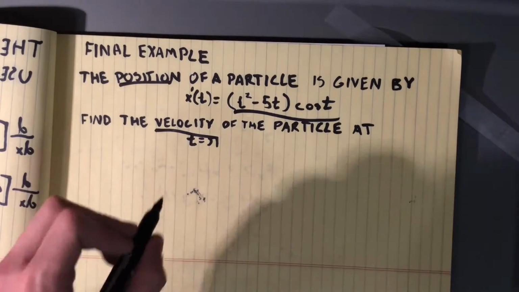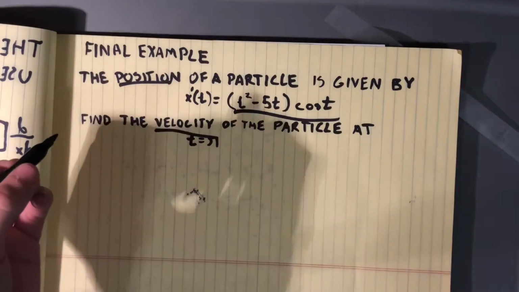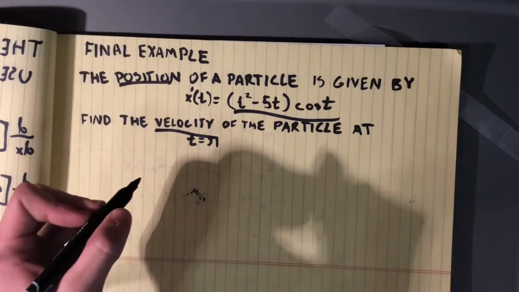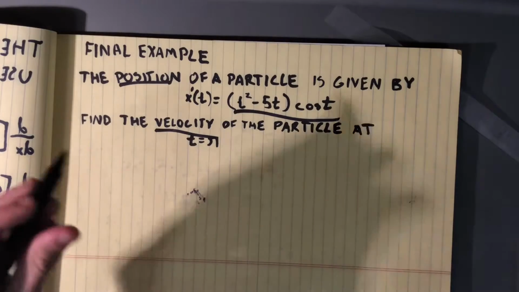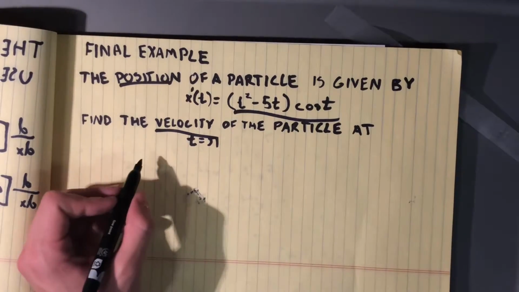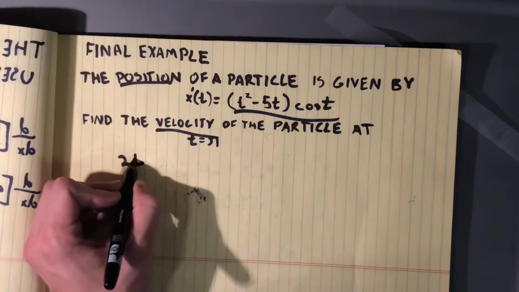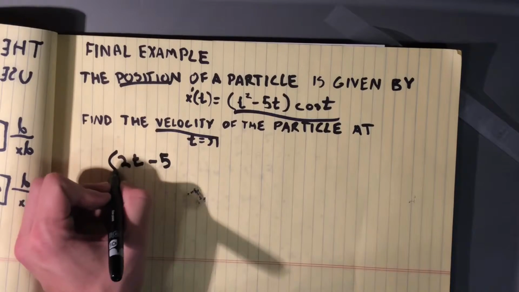So let's use the product rule, which is the derivative of the first times the second term plus the derivative of the second times the first term. So the derivative of the first, the derivative of t squared minus 5t, is 2t minus 5.